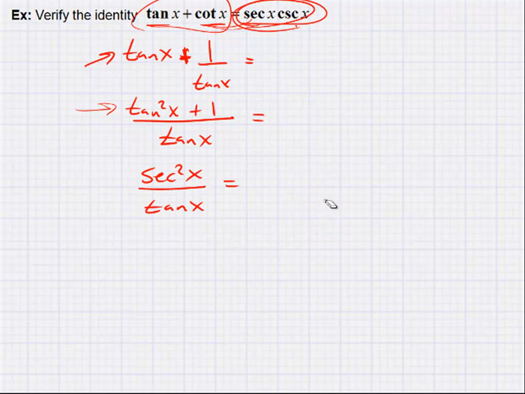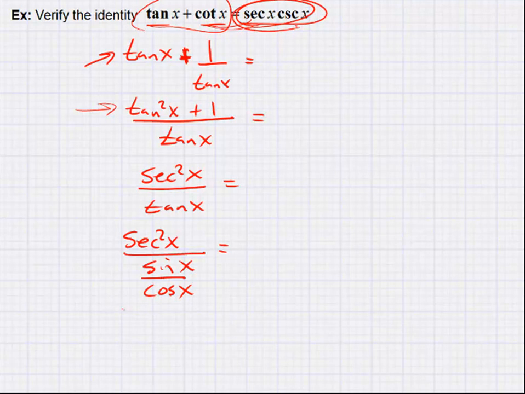I mean, there's lots of ways to deal with this. What I'm going to do is this. I'm going to stay on the left hand side. I'm going to say, okay, secant squared x over tangent is sine x over cosine x.